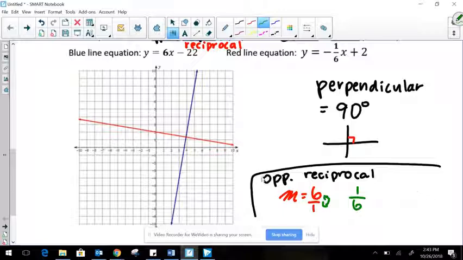Then the opposite part means change the sign. If it's positive, it will become a negative. If it was negative, it would become a positive. So this negative 1/6 is a perpendicular slope. I'm going to write slope, and then this symbol means perpendicular.